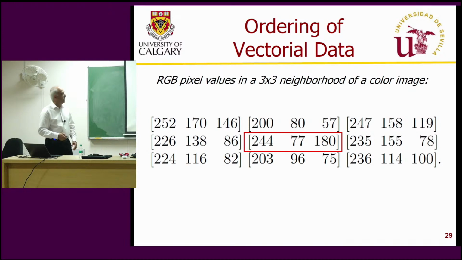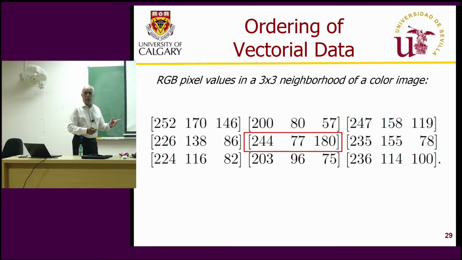You can add vectors. These are the RGB pixel values in a 3 by 3 neighborhood of a color image, actual values. In all my examples, I like to have actual values. I can make up some numbers, but I try to give real data. So these are real pixels extracted from some image. This is the center pixel and the 3 by 3 neighborhood. So each pixel now has 3 values, RGB or whatever else you have converted it to.